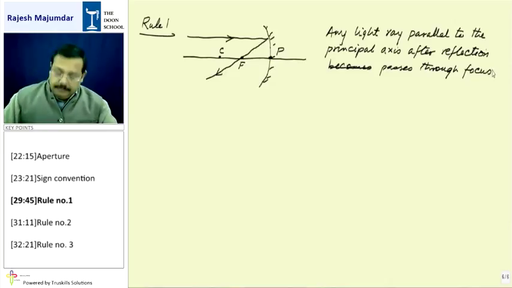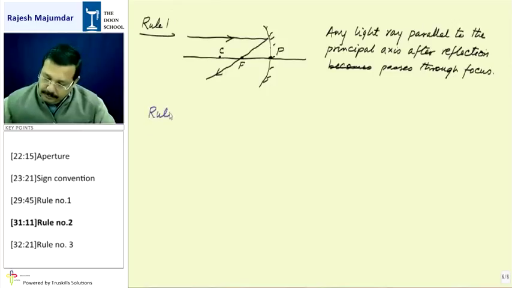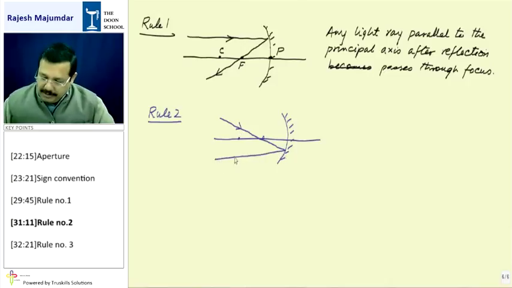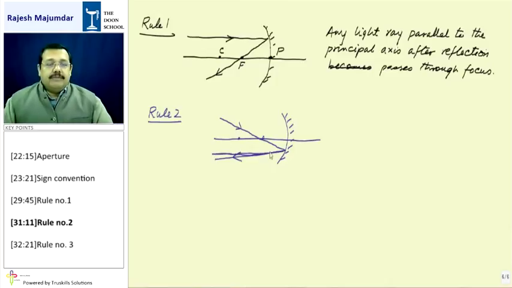Rule number 2. Any light ray which is passing through the focus after reflection becomes parallel to the principal axis. It doesn't look like parallel, but I am drawing it again. Becomes parallel to the principal axis.